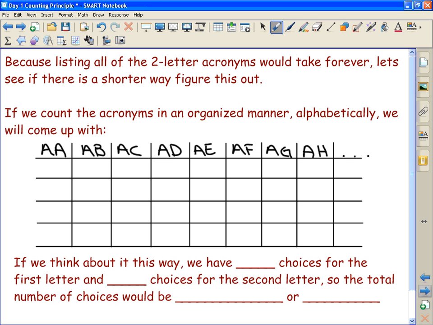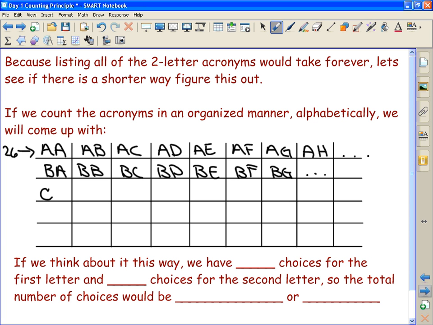So it would be 26 going over that way. Then I would go to the B's. BA, BB, BC, BD, BE, BF, BG, and so on, all the way down to Z. So it'd be 26 going down for the B's.